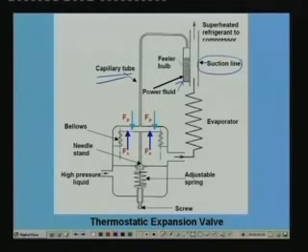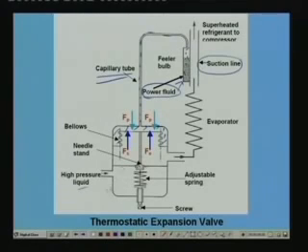Okay, and the feeler bulb, the thermostat space above the bellows and the capillary tube are filled with a fluid called power fluid. Okay, so this entire space plus this space in the capillary tube and this entire feeler bulb space is filled with a power fluid. Okay, the power fluid can be same as the refrigerant or it can be a different fluid.